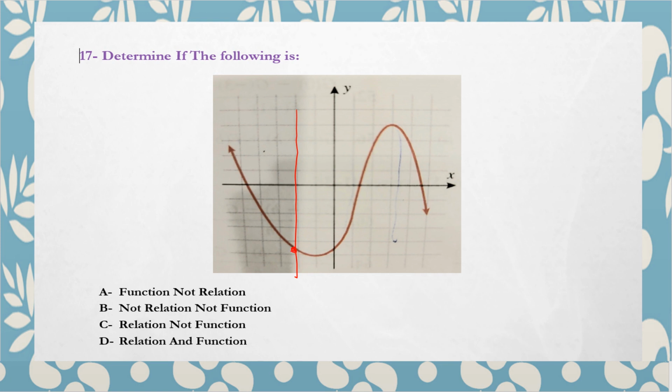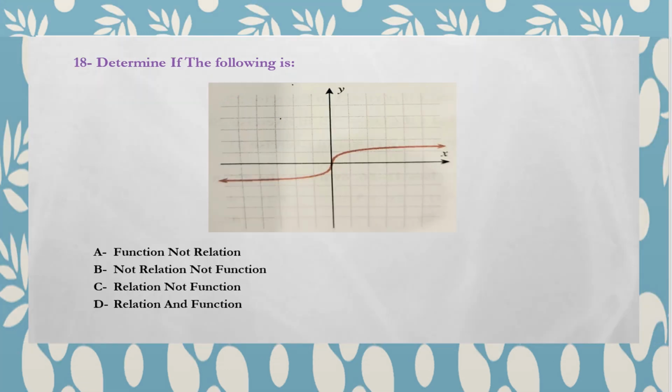So this relation is a function, and the correct answer is D. Example 18, determine if this graph is a function or not. Again, by using the vertical line test, we find that the line intersects the graph in only one point, so this is a function, and the correct answer is D.